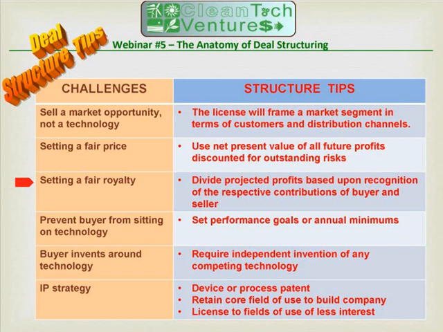And going back to the point I made earlier, which was prevent the buyer from sitting on the technology, to the extent that you do elect to license out or sell or otherwise rely upon the efforts of a third party to take one of those applications and run with it, focusing on the metrics that are required for that party to keep exclusivity or to keep the technology itself is really the core focus of what I would encourage you to look into when you do those types of deals.